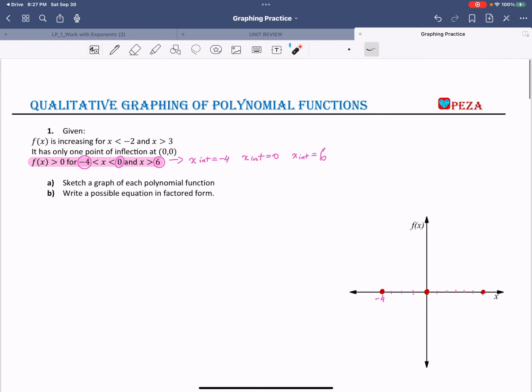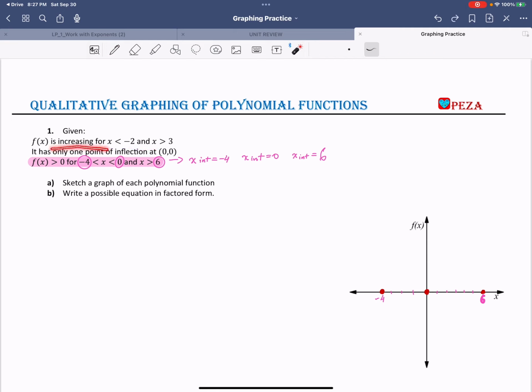So I know that the function will be positive between -4 and 0, so that means above the x-axis, and it will be positive for x values greater than 6. So right here. So next I will look into the rest of the information. Every piece of information here is important.